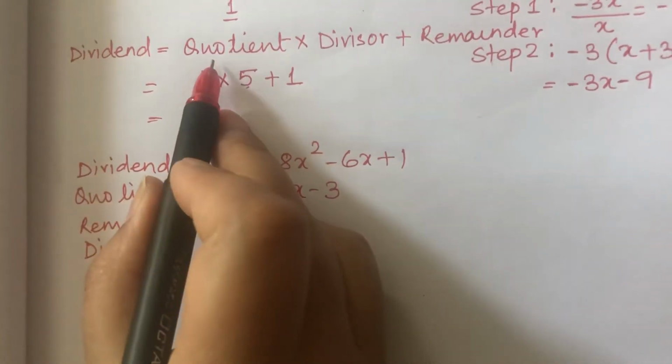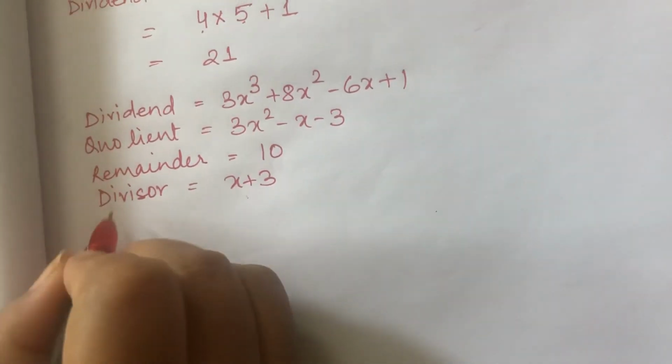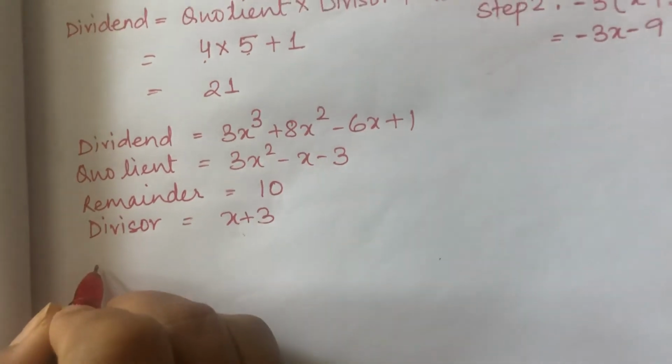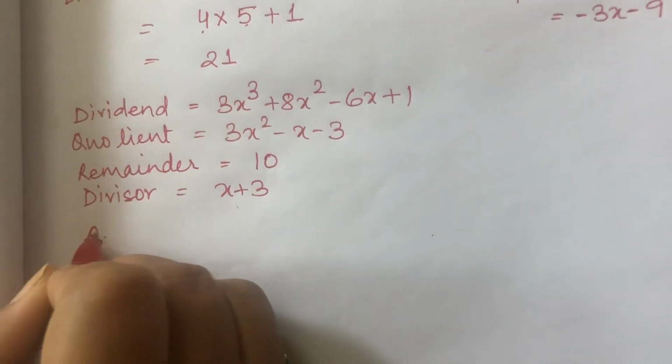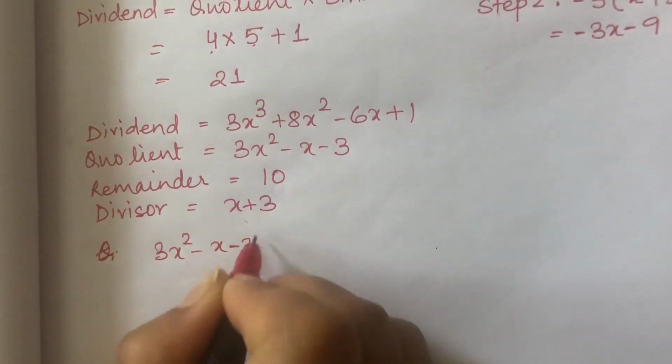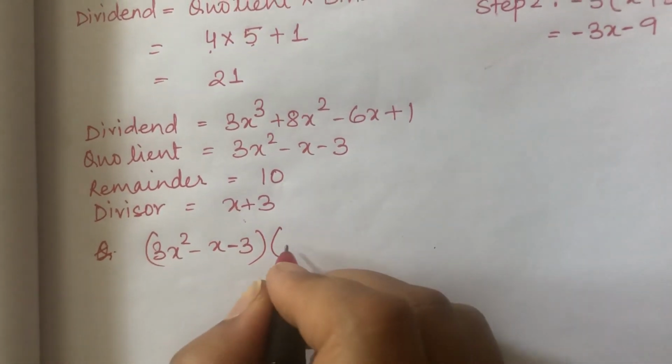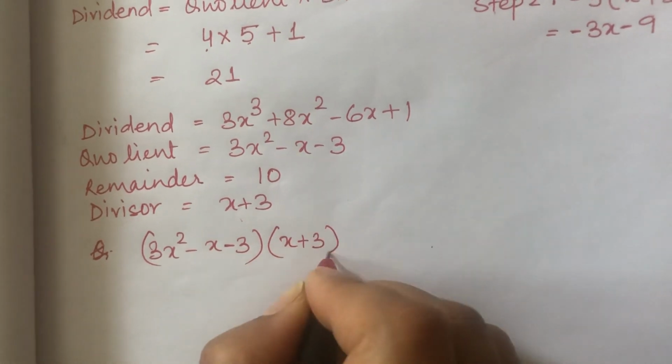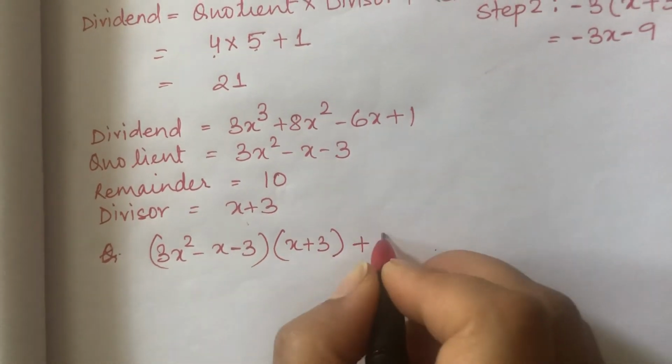Let's put this in the division algorithm. So dividend is equal to quotient. So let's write the quotient, which is 3x squared minus x minus 3, multiplied by the divisor, which is x plus 3, plus the remainder, which is 10.